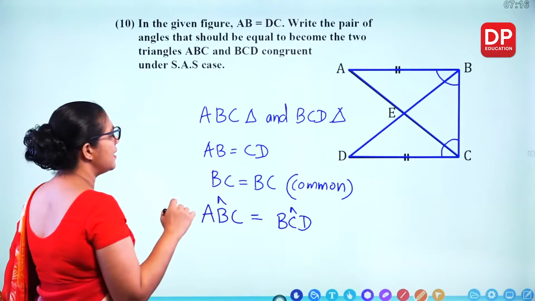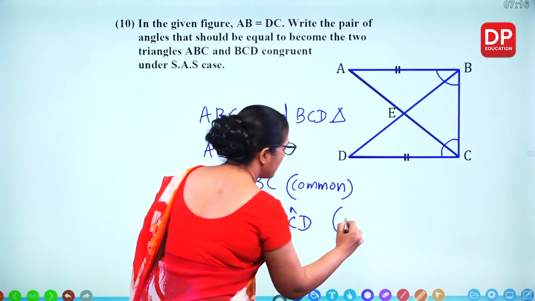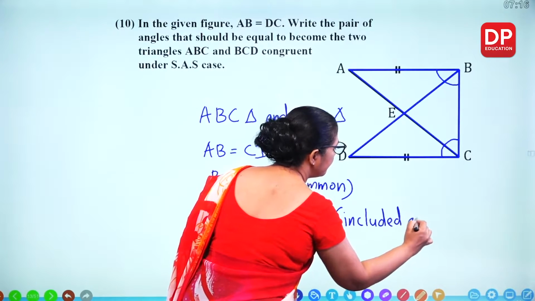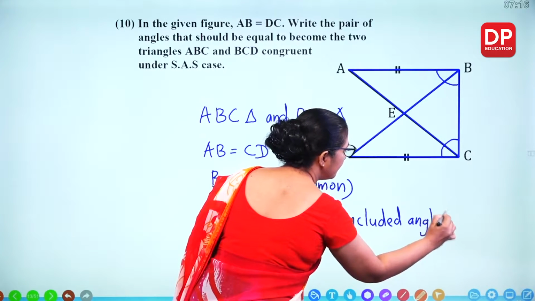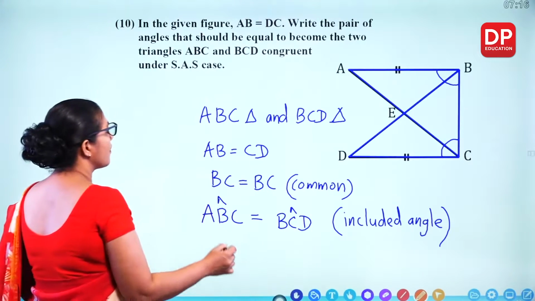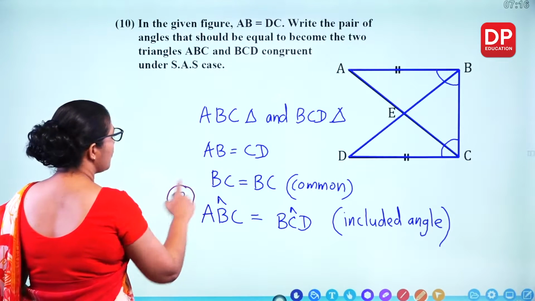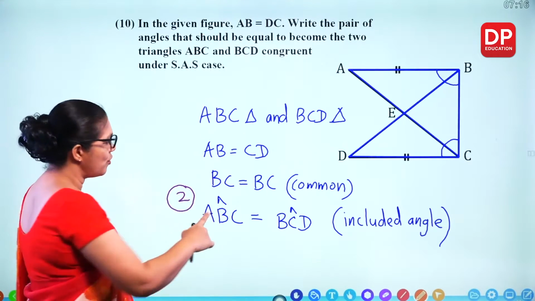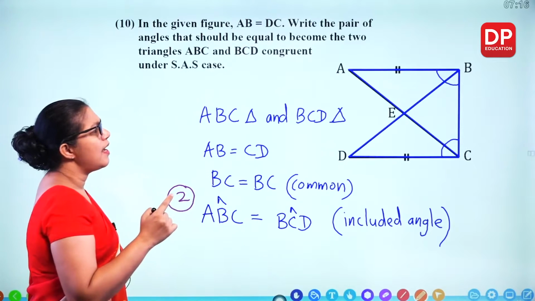So that's the condition. You need to have the included angle. So 2 marks. You don't have to write everything, I just want to explain it to you. So you can write straight away the angle.